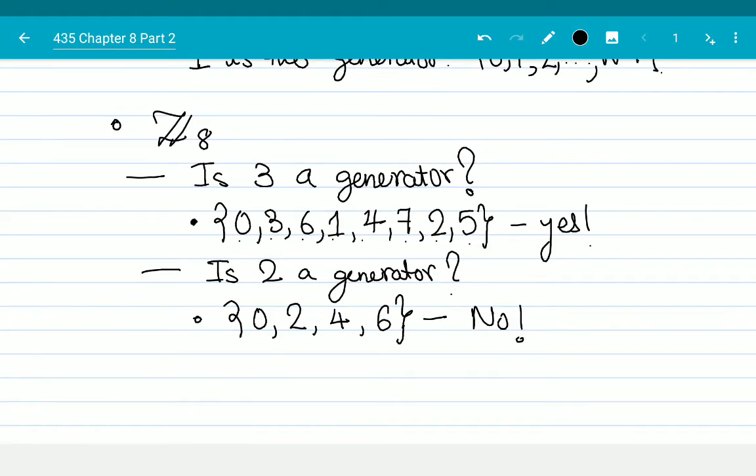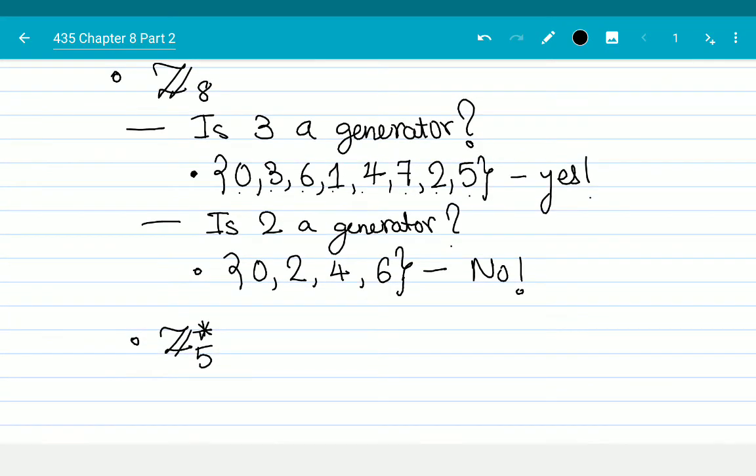Let us look at Zn star, Z5 star. Z5 star is in that case 1, 2, 3, 4 because 5 is a prime. In this case, it is multiplicative.